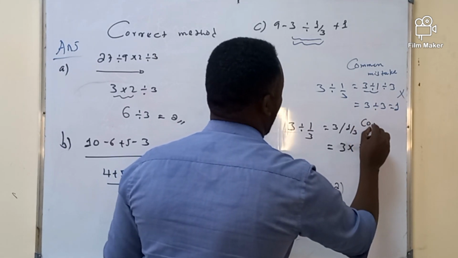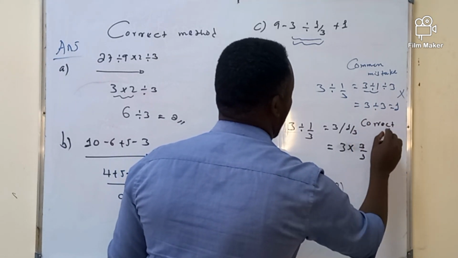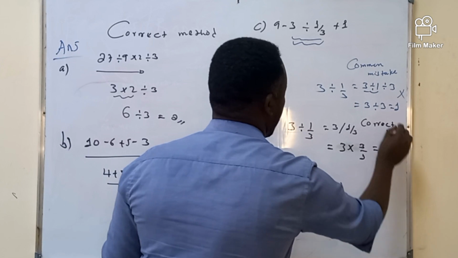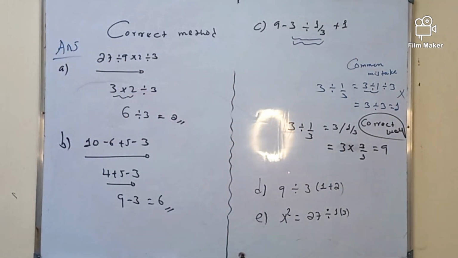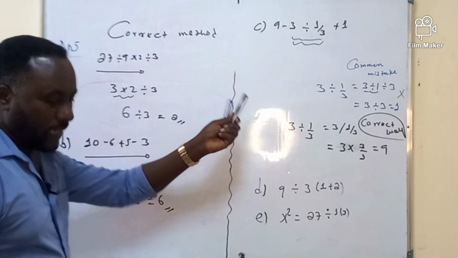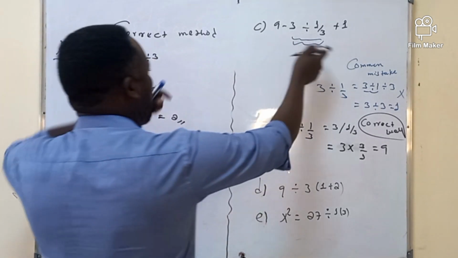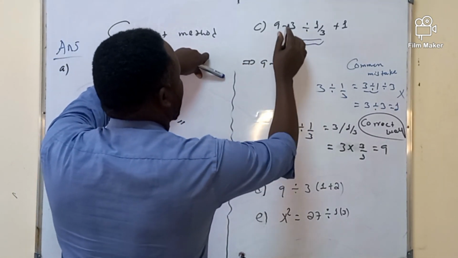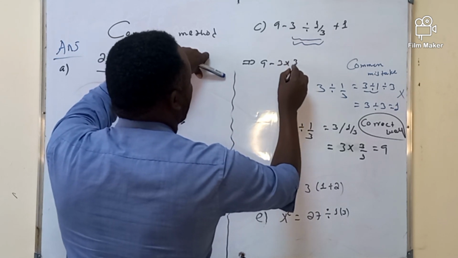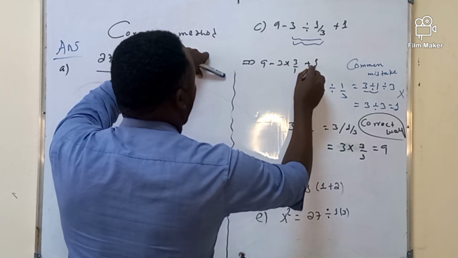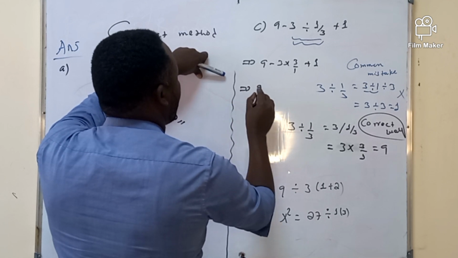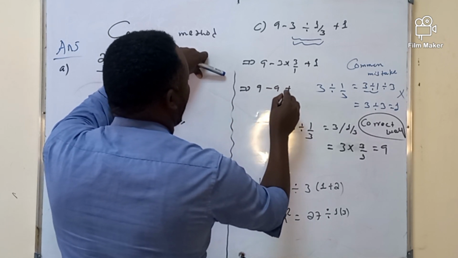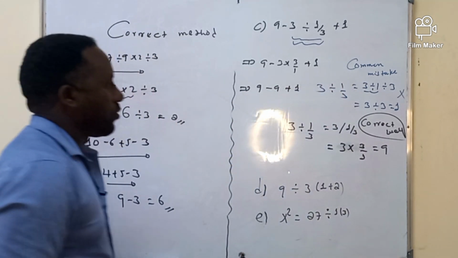This is the correct method of finding this. So whenever we are doing this problem, this implies that 9 minus 3 times 3 over 1 plus 1, which is exactly 9 minus 9 plus 1.